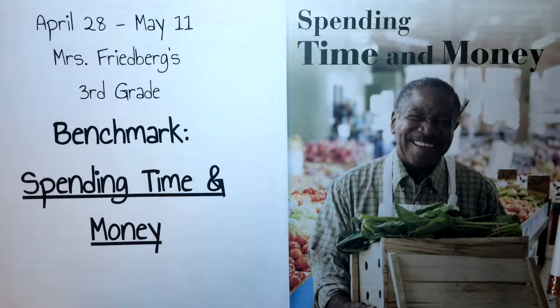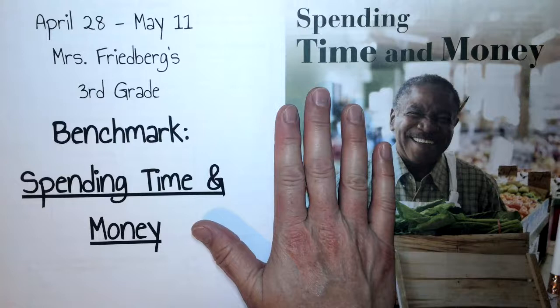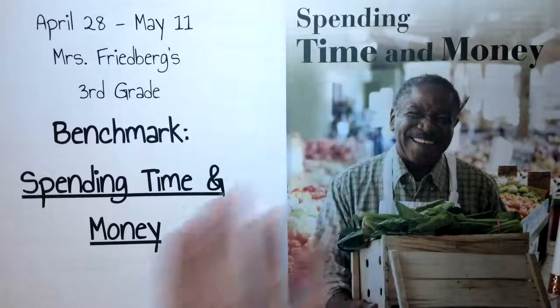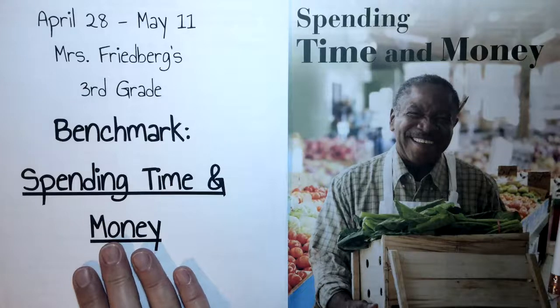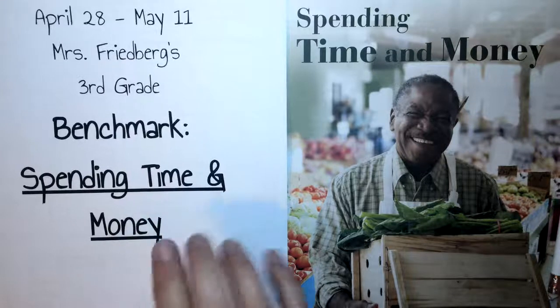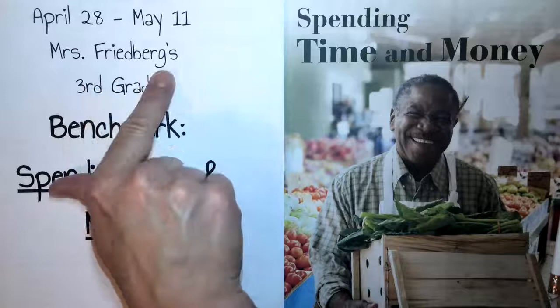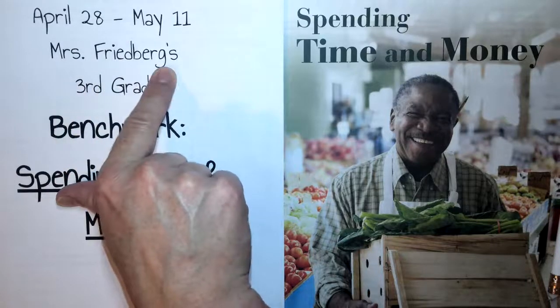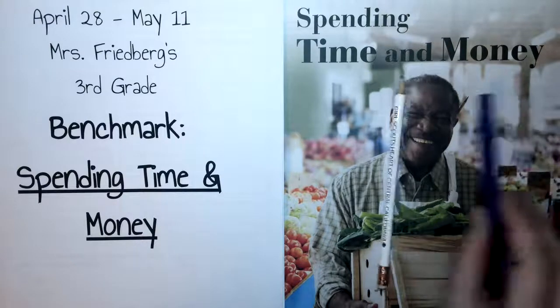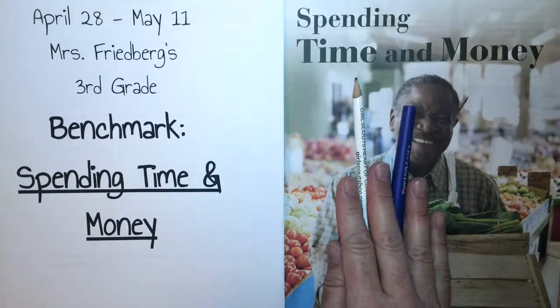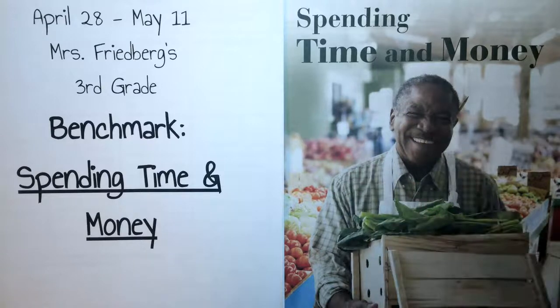So the things that you're going to need this morning are your spending time and money benchmark reader and your worksheets that say benchmark spending time and money. Don't worry if yours says Mrs. Johnson or Mrs. Smith's. We all have the same worksheets. You're also going to need something to write with, so go and get those handy.